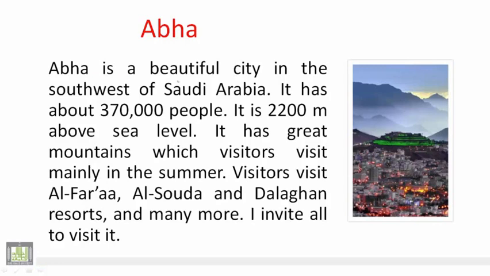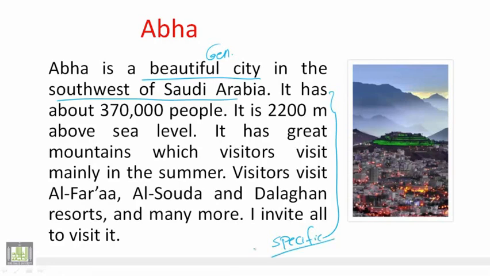Abha is a beautiful city in the southwest of Saudi Arabia. This sentence gives general information, and the rest give specific or narrow information, more specific than the first sentence.